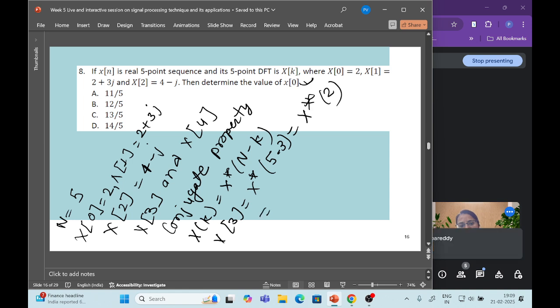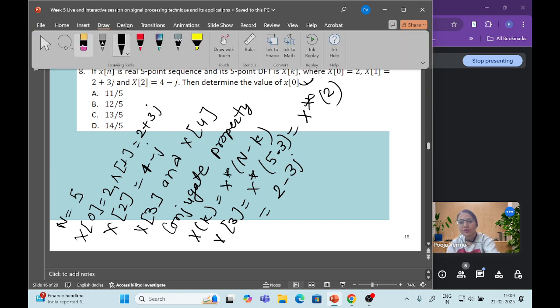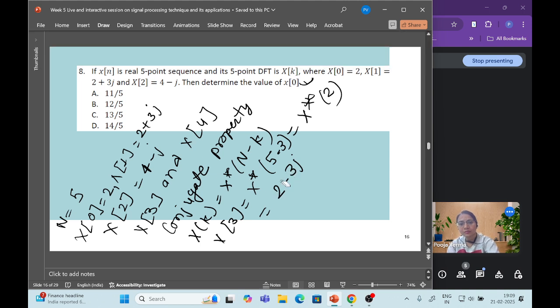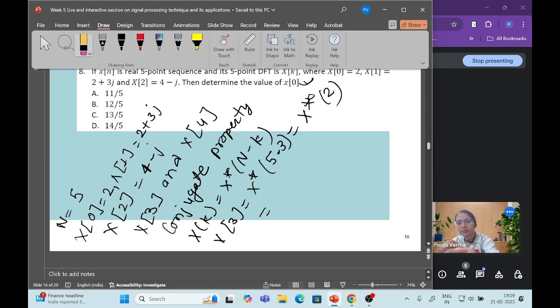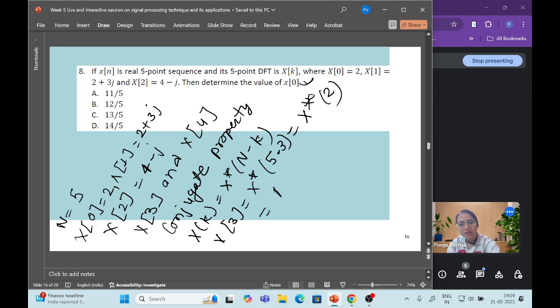So whatever is at position 2, the conjugate of that value is x of 3. x of 2 is 4 minus j, so the conjugated value of x of 2 is 4 plus j.